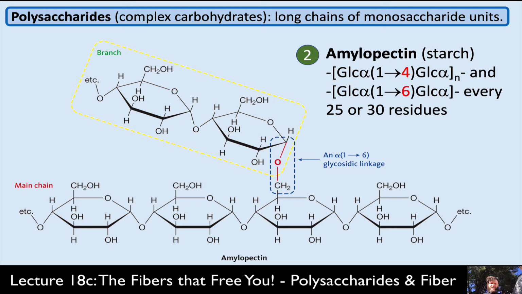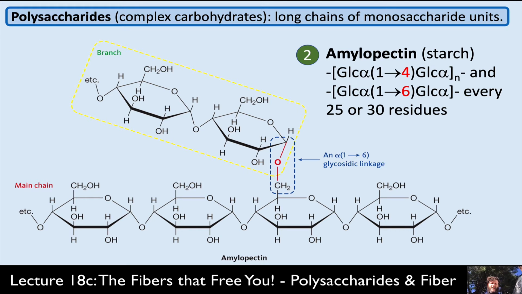The second type of starch is called amylopectin, and it's just like amylose, except it's got some branches in it. It's not just linear. The branches have an alpha-1,6 linkage every 25 or 30 residues, and we call this amylopectin.